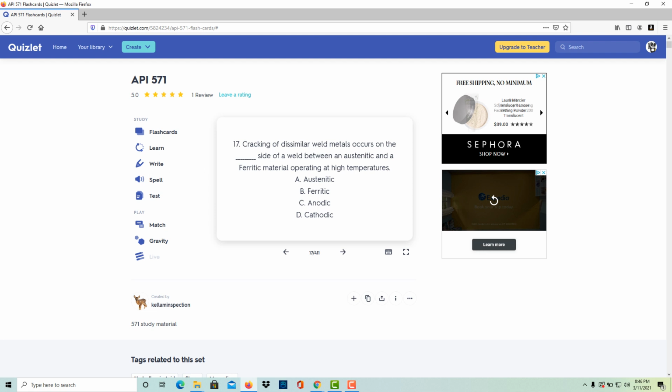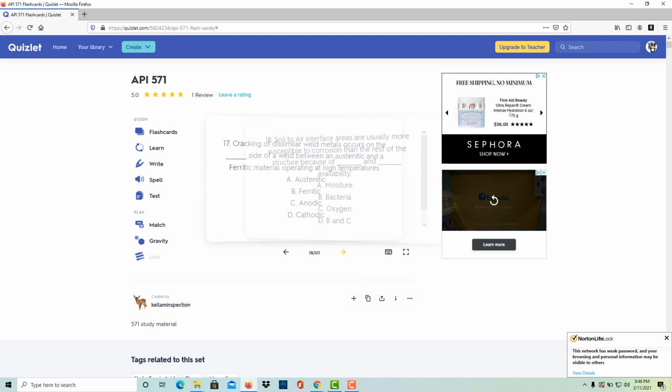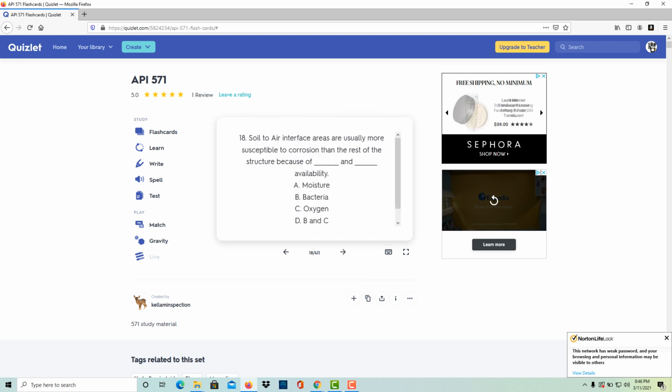Okay. 17. Cracking of dissimilar weld metals occurs on the side of a weld between an austenitic and ferritic material operating at high temperatures. I think it occurs on the ferritic side, if I remember right. Yep. Soil to air interface areas are usually more susceptible to corrosion than the rest of the structure because of bacteria and oxygen.